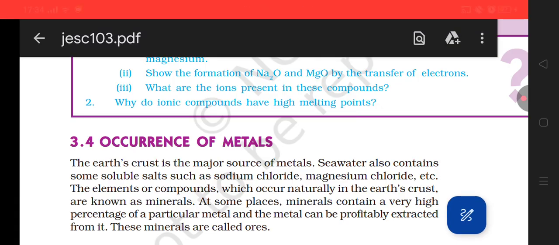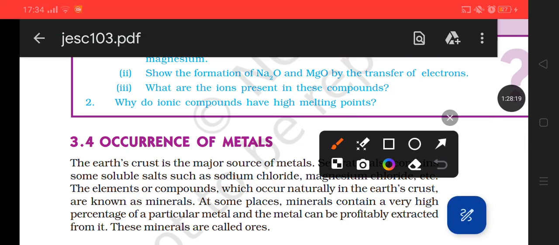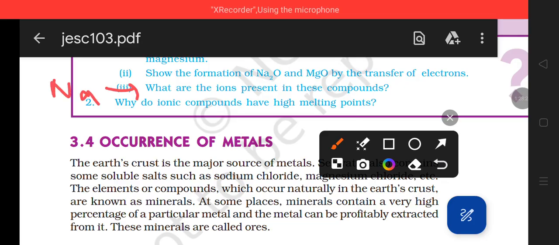Show the formation of Na2O and MgO by transfer of electrons. So let's show this. First of all we will talk about Na. Na equals Na positive plus 1 electron.